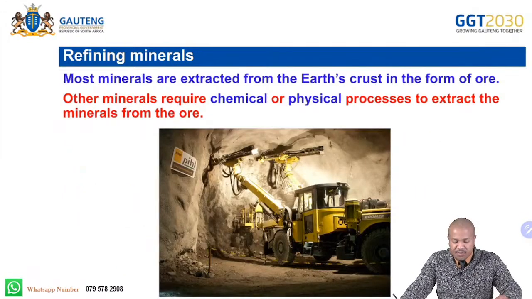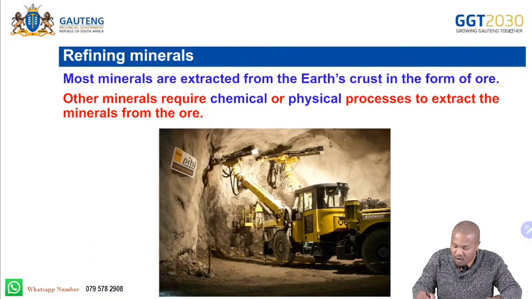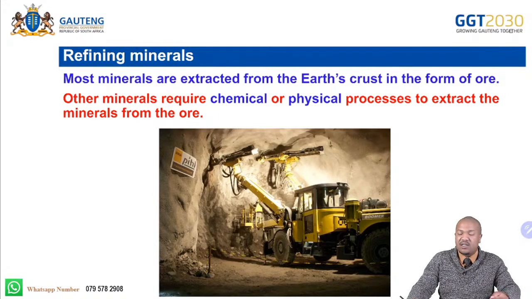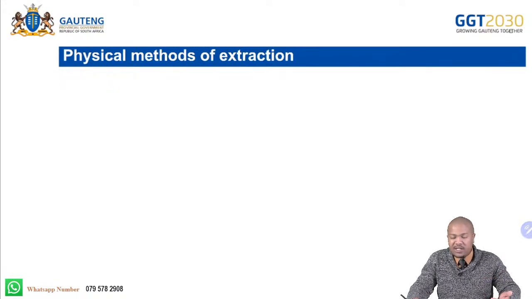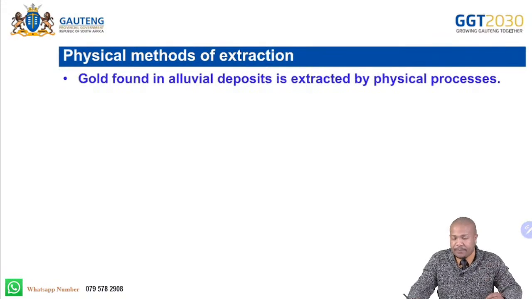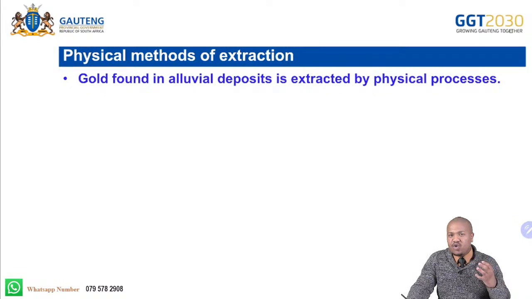As I've said, most minerals are extracted from the Earth's crust in the form of ore, and other minerals require chemical or physical processes to extract the minerals from the ore. This is just a reminder. So let's look at the issue of gold now.